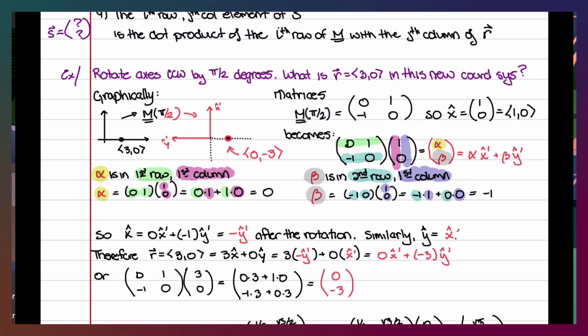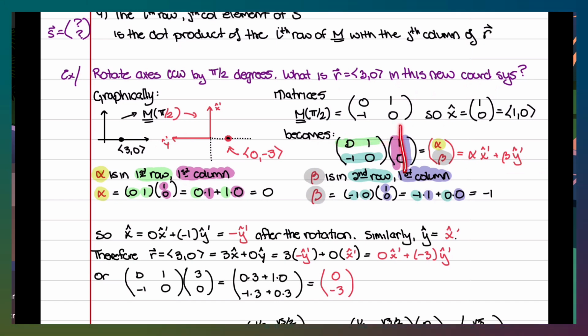So let's do alpha first. Alpha is in the first row, first column. There's only 1 column, so it's the first. And there are 2 rows, and we start from top to bottom. So first row, first column. What I do is take the first row of this matrix and the first column of this vector.